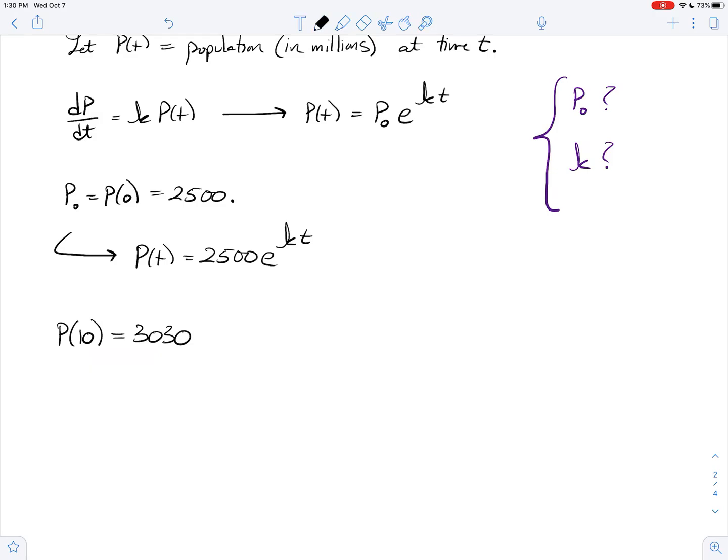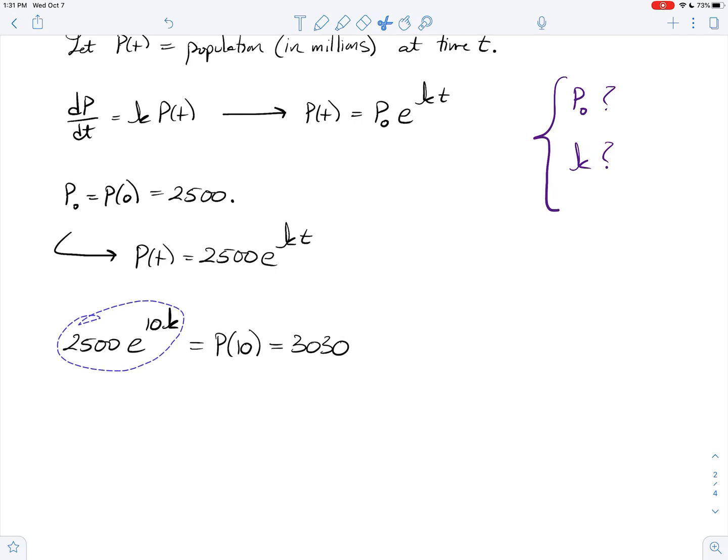On the other hand, I can plug 10 into this formula, and so P of 10 is 2,500 e to the 10 times k. 10 is playing the role of t. So now I think about this relationship: 2,500 e to the 10k is 3030.